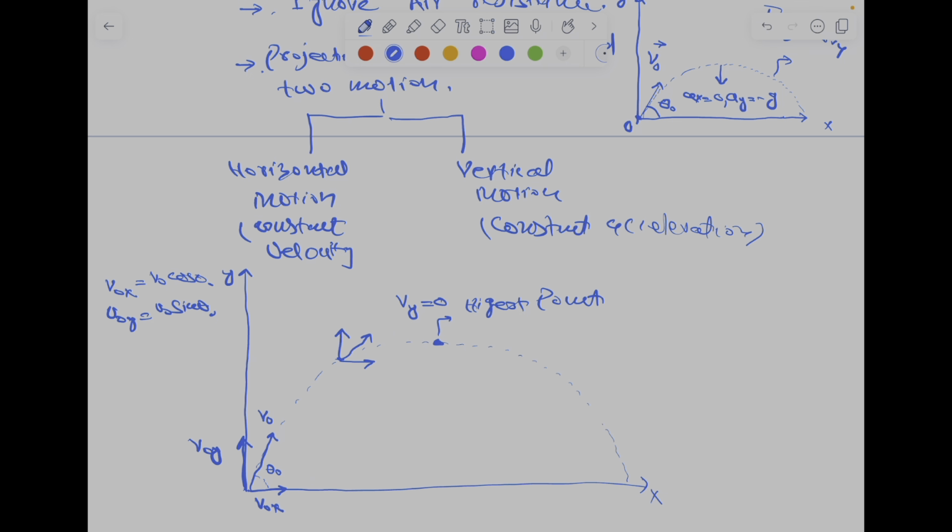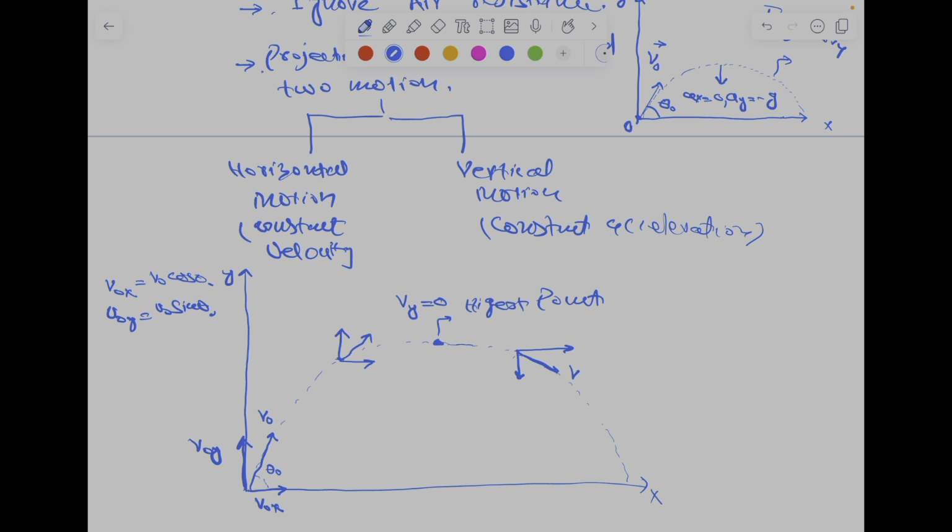Then it changes direction and moves down like this. At this point, this is the x component and this is your y component, and this is your velocity vector.